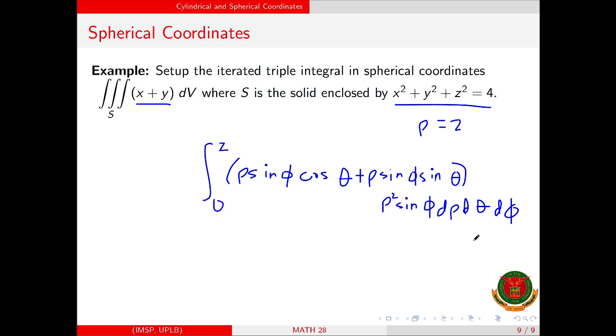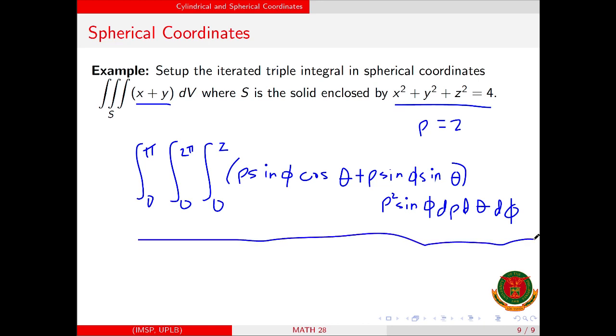Since we have a sphere, definitely the bounds for theta will be 0 to 2 pi. And finally, the bounds for phi will be 0 to pi. So this triple integral in spherical coordinates is equivalent to the triple integral in Cartesian coordinates we had a while ago.